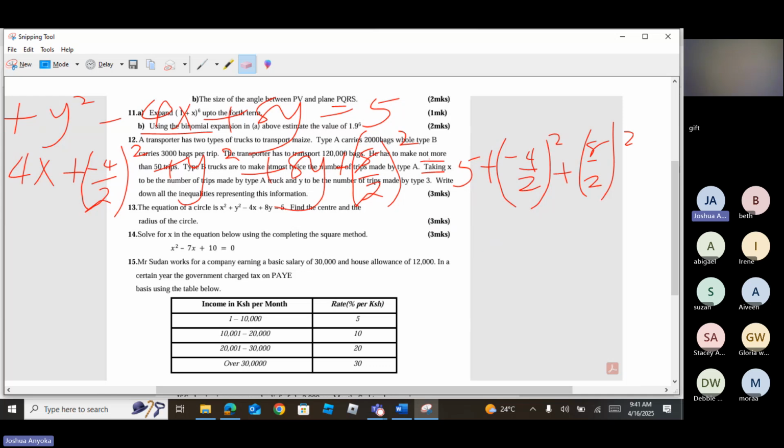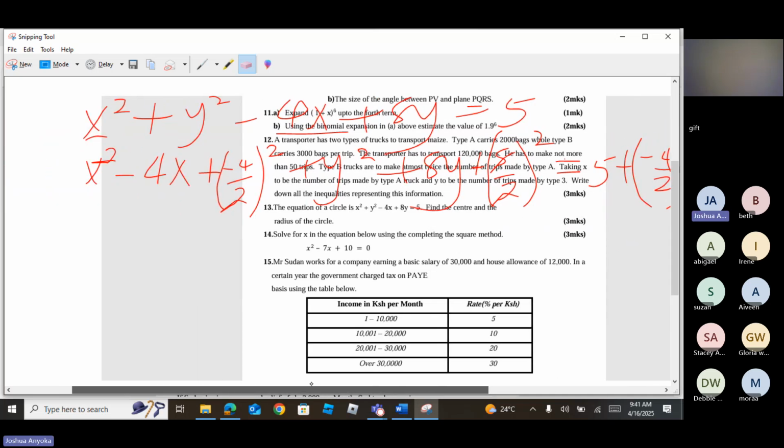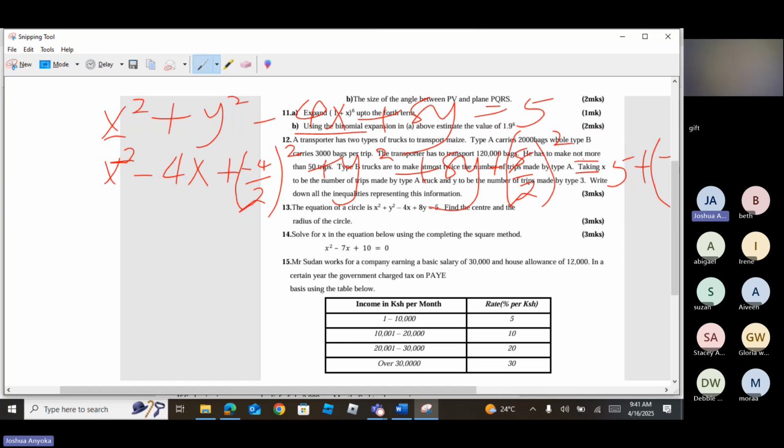Then we take the square root of the first term. The square root of x squared is x, and we take the square root of the constant term.